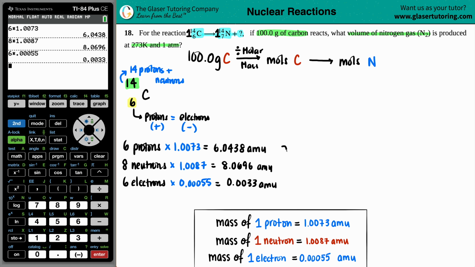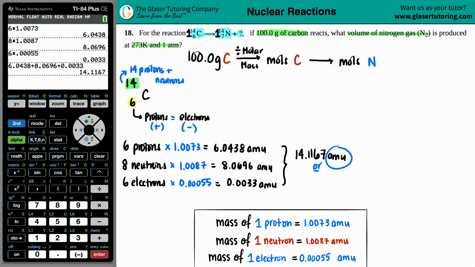Now let's see what that exact mass is. We're going to add all these up. So it's a little bit more than 14. I got 14.1167 AMU. Just know that the AMU scale and the molar mass scale have the same values.